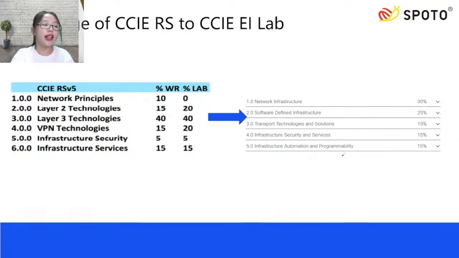Okay, so let's see the changes of CCIE. Okay, so as you know, the CCIE Routing and Switching is changed to the EI Lab.